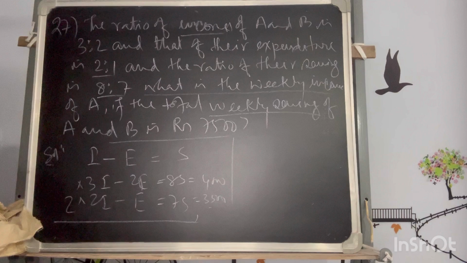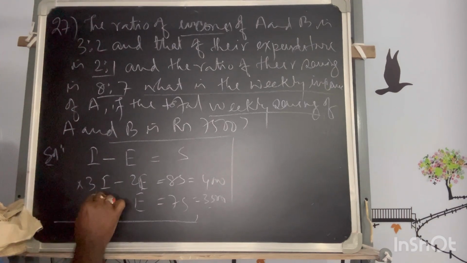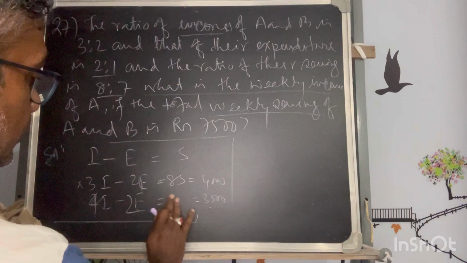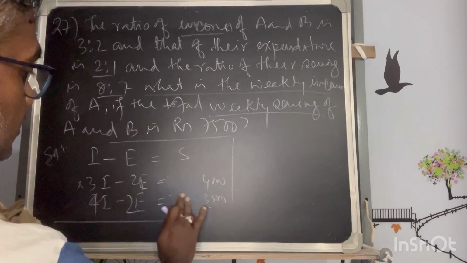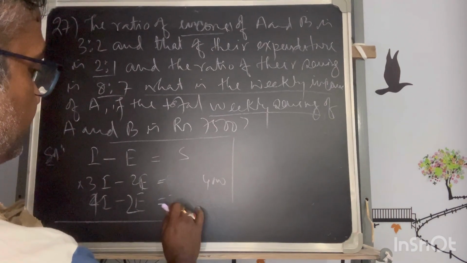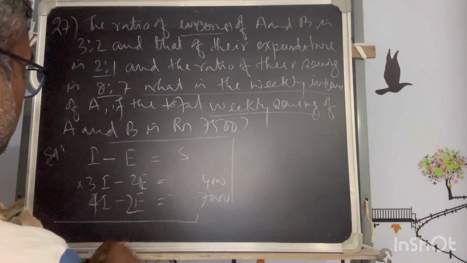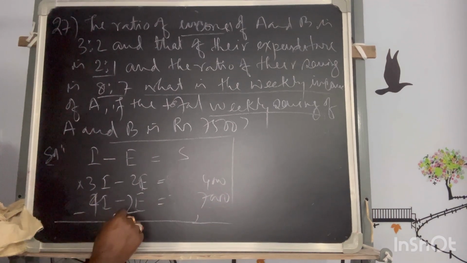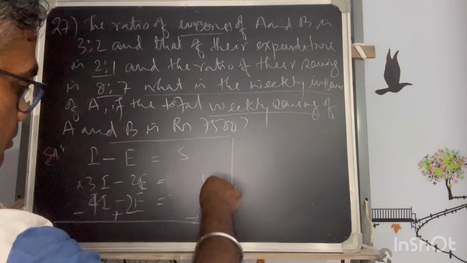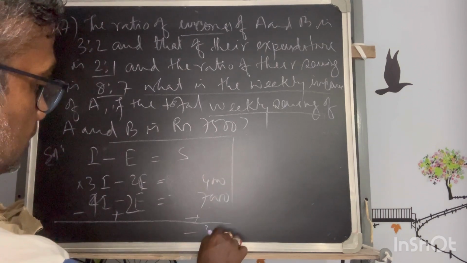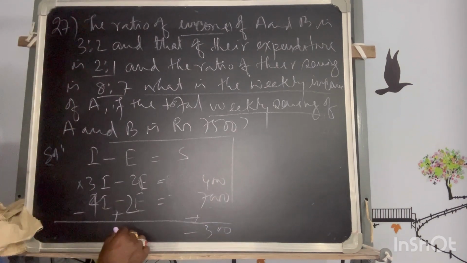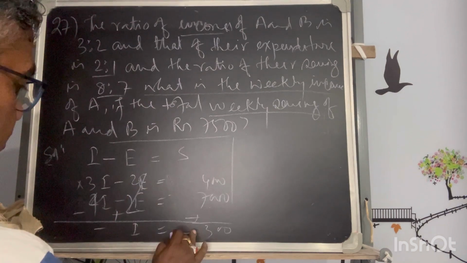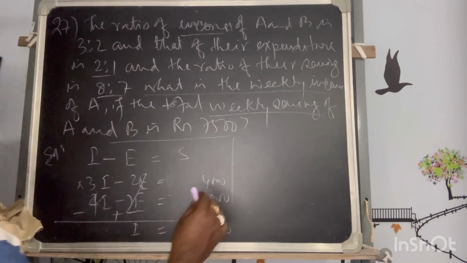So this is with 2, so this will be 4i minus 2e, and you will get with 2 means 7000. So if you deduct, this will be minus, this will be plus, this will be minus. So ultimately minus 3000, and there you will get i, this will be cancelled. So i is equal to 3000.